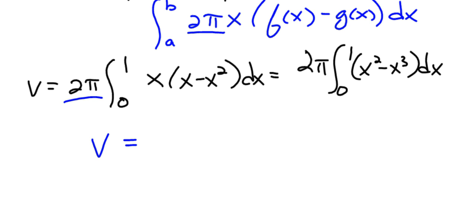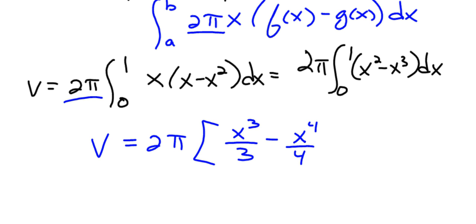So my volume is going to be 2 pi times the antiderivative, and we're evaluating from 0 to 1.